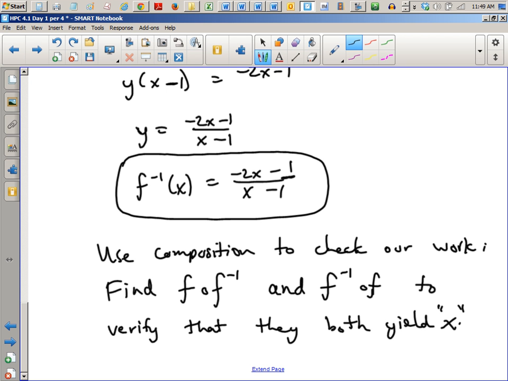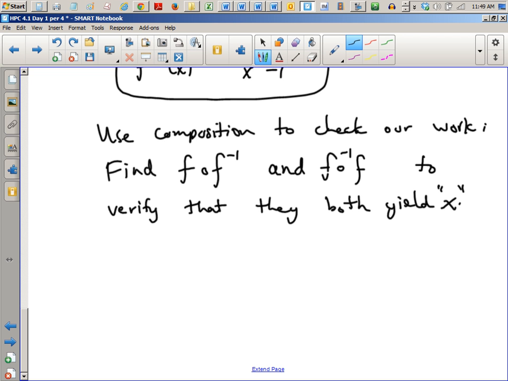If f of f inverse and f inverse of f come out to just x, then we know our inverse is correct. This is supposed to say f, o, f, but one of them is inverse. Okay, so let's try it.